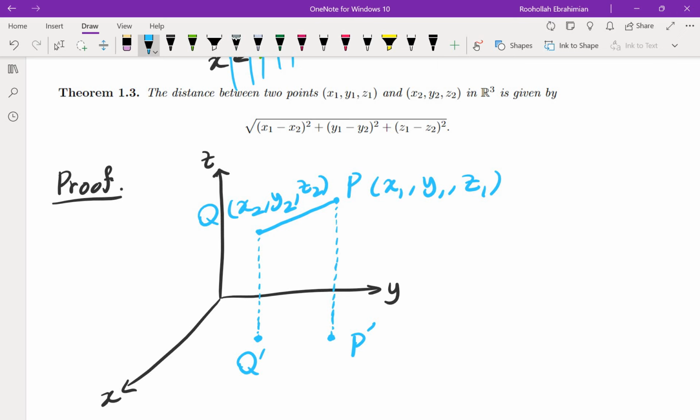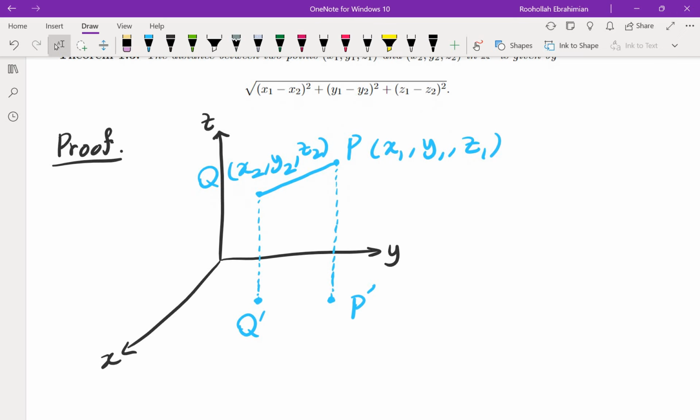So take P prime and Q prime to be the projections of these 2 points P and Q onto the xy plane. Now, when you project a point to the xy plane, the z coordinate becomes 0. So the z coordinate becomes 0 for P prime, and for Q prime also the z coordinate becomes 0 because we are on the xy plane.